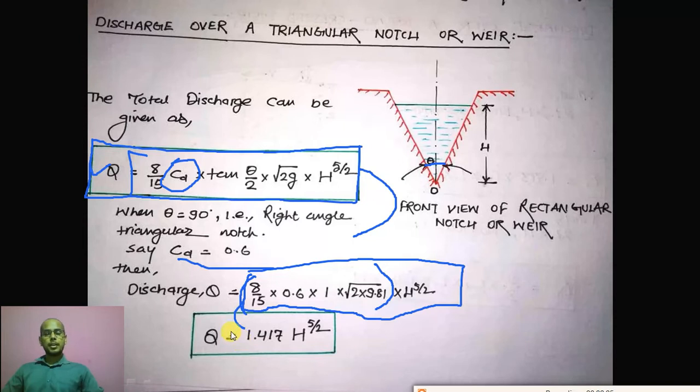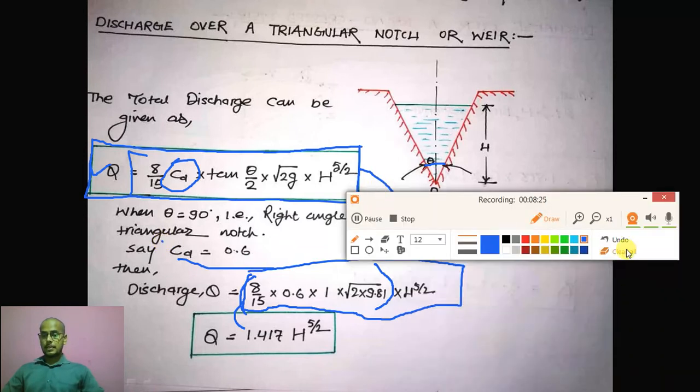And we have already derived one formula for the rectangular section. We have derived one formula here for the triangular section. Now we are going to understand the concept of the trapezoidal section, which is very important.